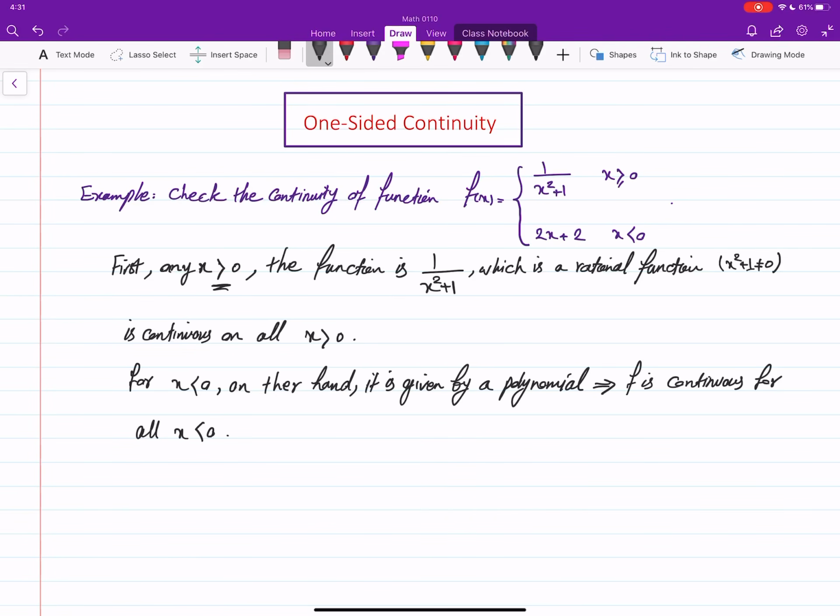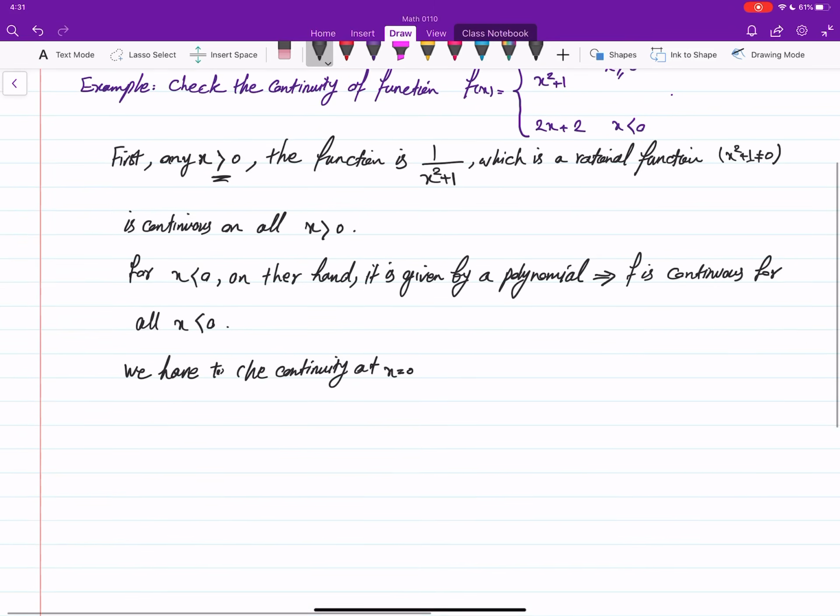That's nice. So for all x bigger than 0, it is continuous. For all x less than 0, it's continuous. Now we have to check continuity at x equal to 0. And continuity at x equal to 0 means what?